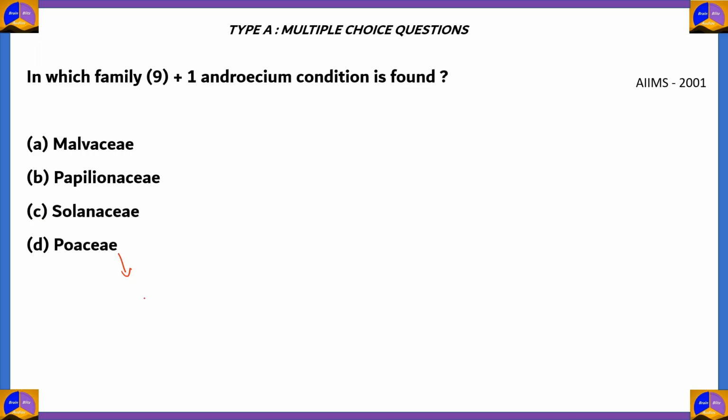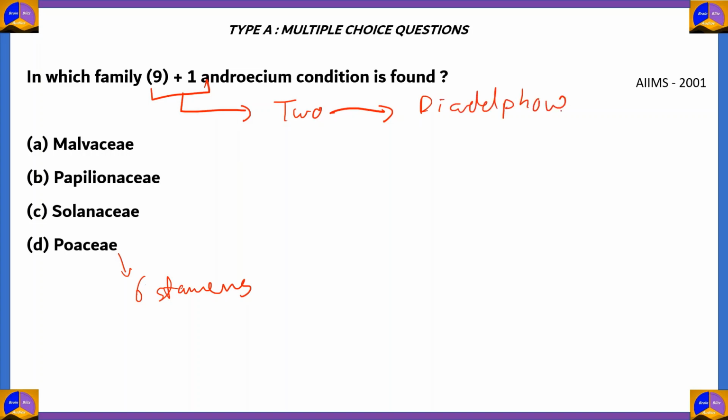Poaceae contains 6 stamens, while this arrangement, which is 9+1, means that 9 stamens are fused, while 1 stamen is free. So it turns into 2. So the condition of 2 structures of the male reproductive system is known as diadelphous, and we need to find which of these are diadelphous.